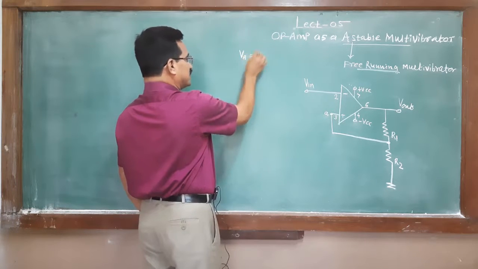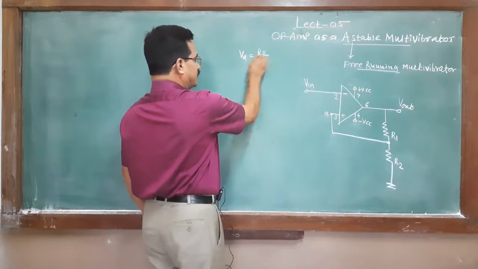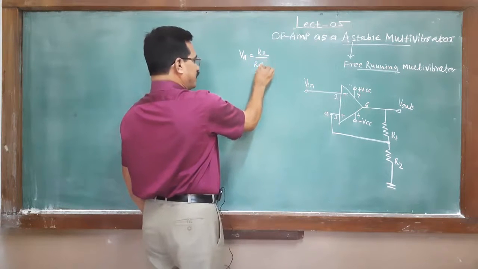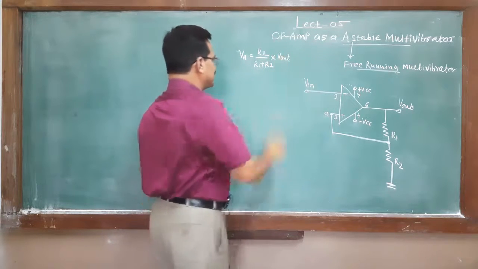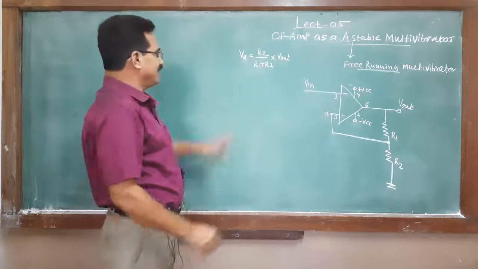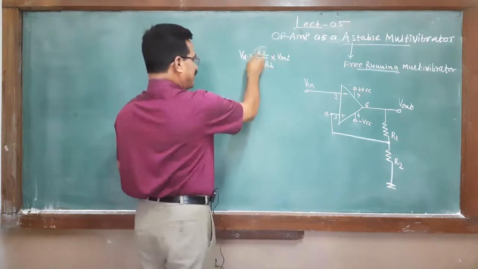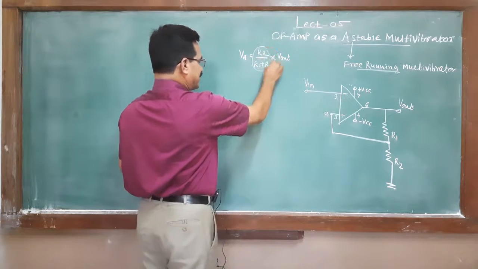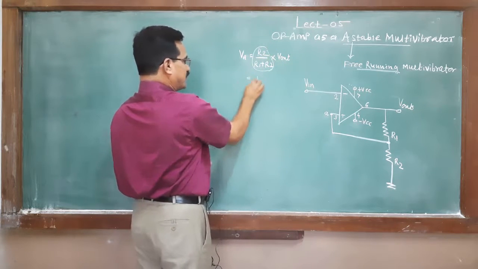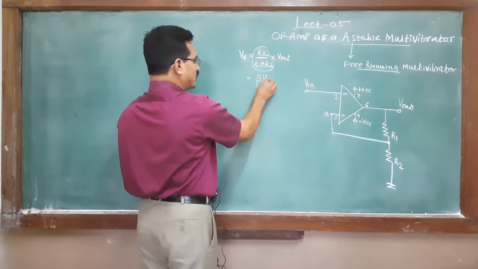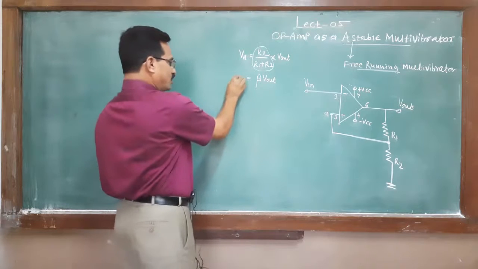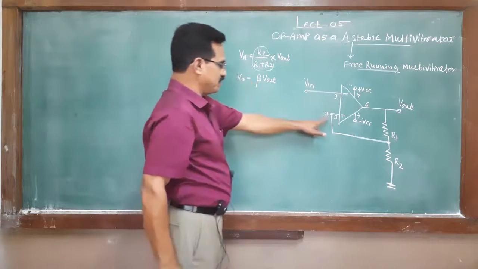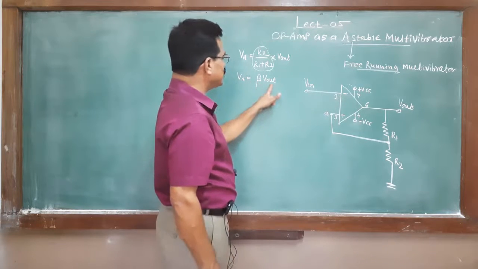That voltage VA must be equal to R2 divided by R1 plus R2, multiplied by V out. This R2 divided by R1 plus R2 we call beta, so beta into V out. It means the voltage provided at this terminal is beta into V out.